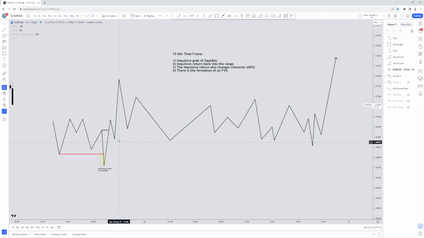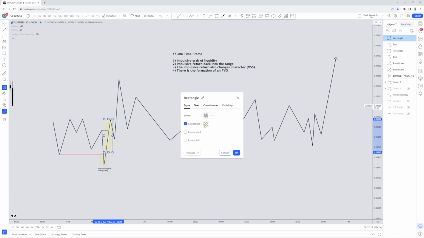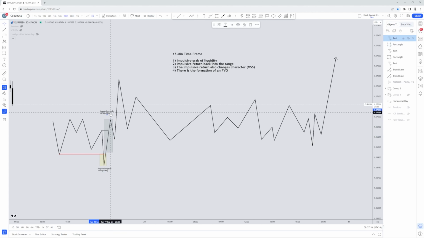Now, here is the impulsive return back into the range. Let's change color for this one, and let's say this is the impulsive return. This right here, as you see it, is our change of character. Let's also put some arrows. So this is the impulsive change of character, which is happening exactly right here.